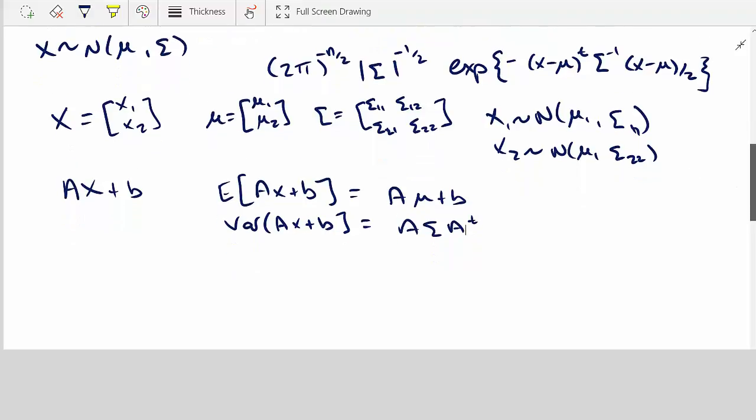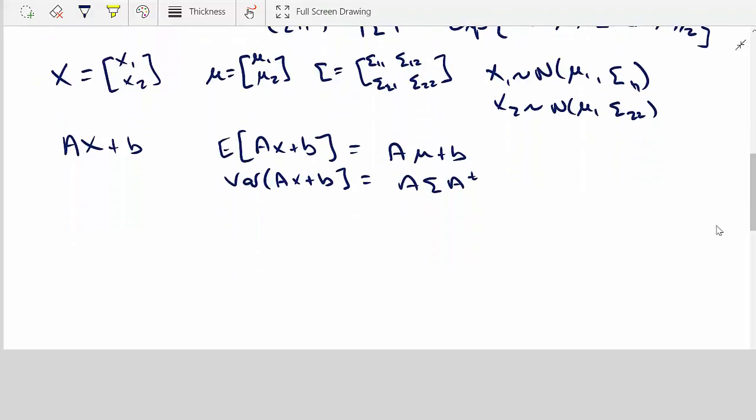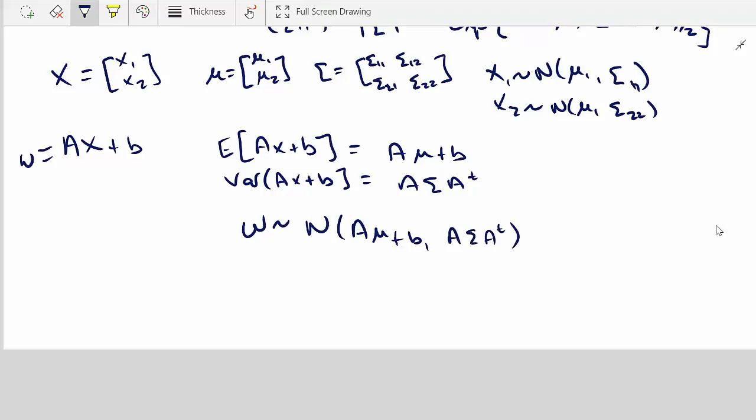However, we also know when X is multivariate normal that the variable AX plus b, let's call that W, is normally distributed also with mean A mu plus b and variance A sigma A transpose. So the multivariate normal distribution has this property that all full rank linear combinations of multivariate normals are also multivariate normal.